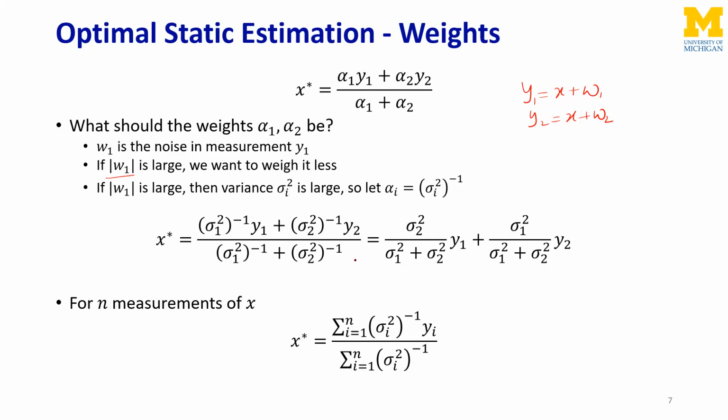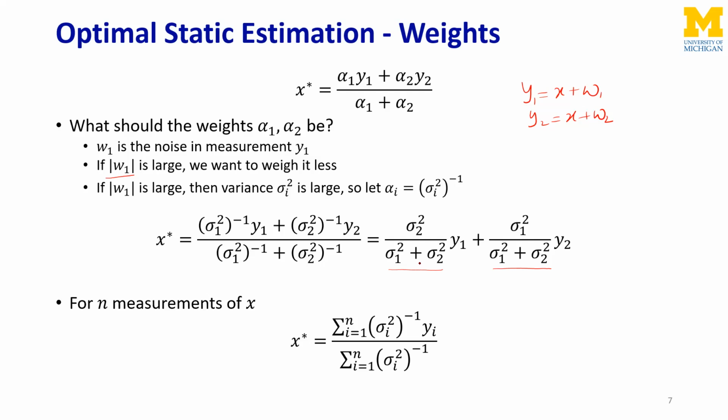And if we write this out completely, we can see that the weights are given by these two ratios. These are not inverse ratios, but these are like weird ratios. The factor that multiplies y1 depends on the variance of the second sensor. But that's only because of how these inverses work out to be. Anyways, you see the point.